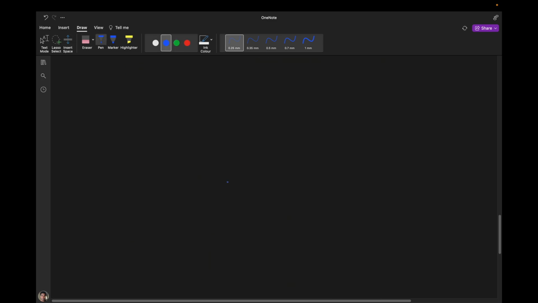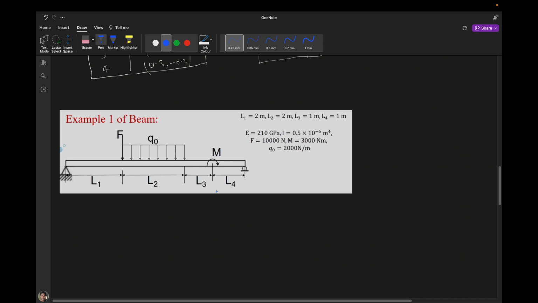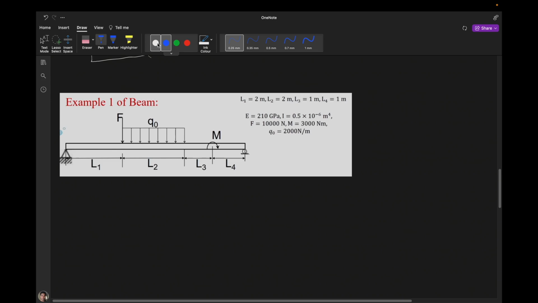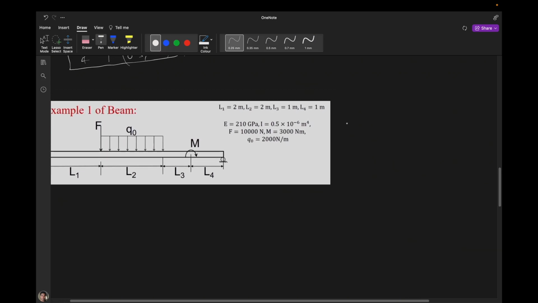Before moving to that, we will try to understand how we will formulate the beam problem. So let's try to understand this problem, then we will go for the solution.